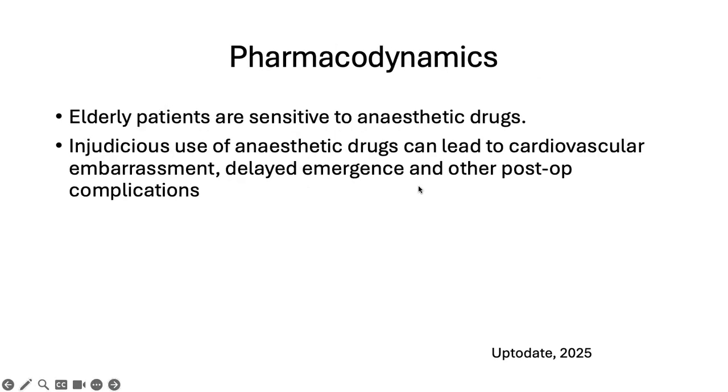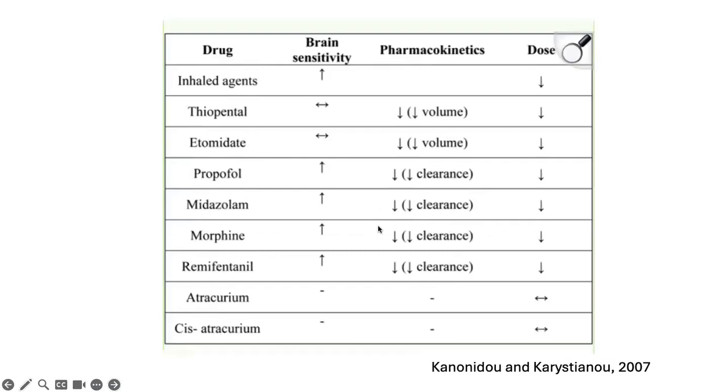Moving on to the pharmacodynamics, elderly patients are sensitive to anesthetic drugs, and injudicious use of anesthetic drugs can lead to cardiovascular embarrassment, delayed emergence, and other post-op complications. So, we have to be careful of our drug doses and how fast we administer those drugs to the patients.